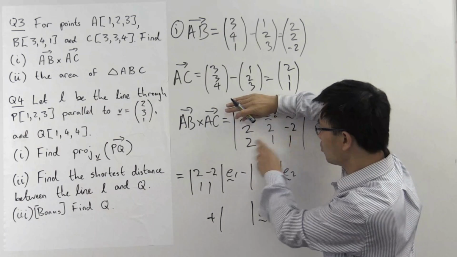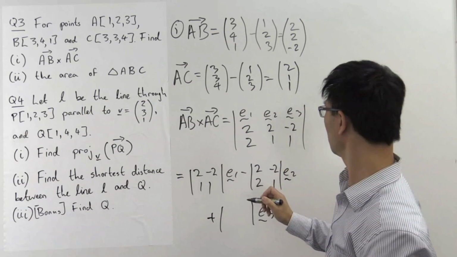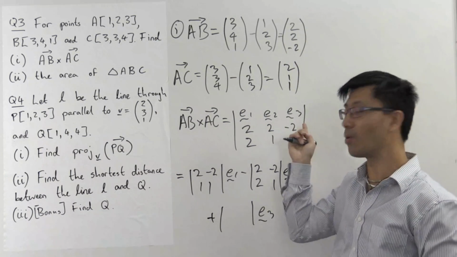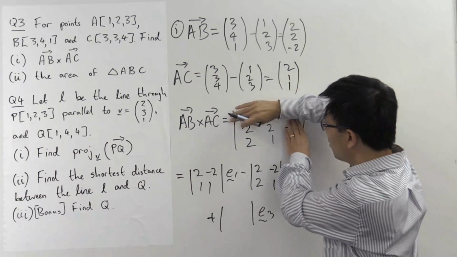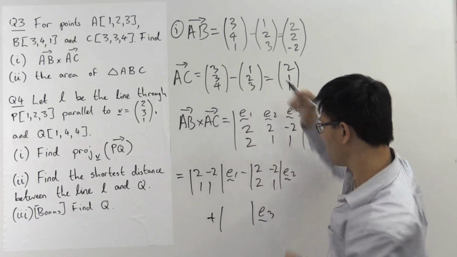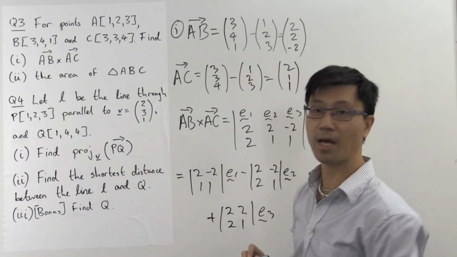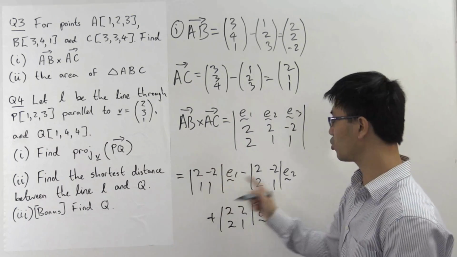So you get 2, minus 2, 2, 1. Okay. And then for the last one, which is the coefficient of E3, you just remove that last column in the first row: 2, 2, 2, 1. Okay. So let's keep going and work out what these 2 by 2 determinants are.